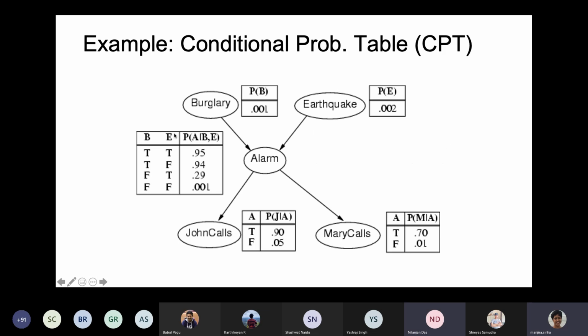See, when we say the probability of the alarm given b comma e is 0.95, that means the probability of the alarm going off if both are true is 0.95. Now, the probability of the alarm not going off when both are true is just 1 minus p. So we don't need another column for not a.